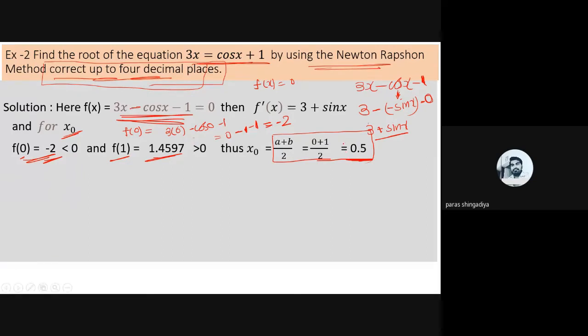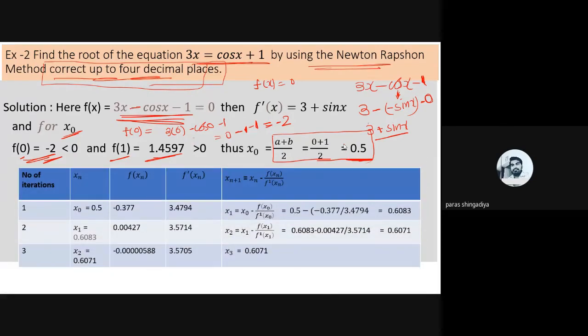So let us prepare one table. You can also identify x1, x2, x3 sequentially, otherwise you can prepare this table. First column is the number of iterations, the second column is the values of xn: x0, x1, x2, x3, and so on. Then f of xn, that is the function output: f of x0, f of x1, f of x2.